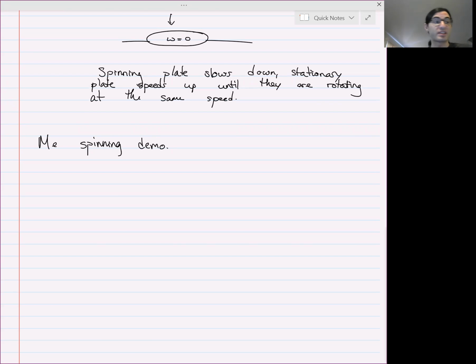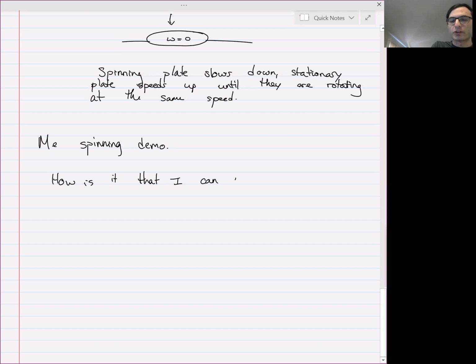Those were the only things in the system, and yet somehow I was changing my speed. You can't do this with a car. If you put your foot on the gas in a car, there's a road that's applying additional force to you. That's an external force. So how is it that I can change my speed with no external forces?